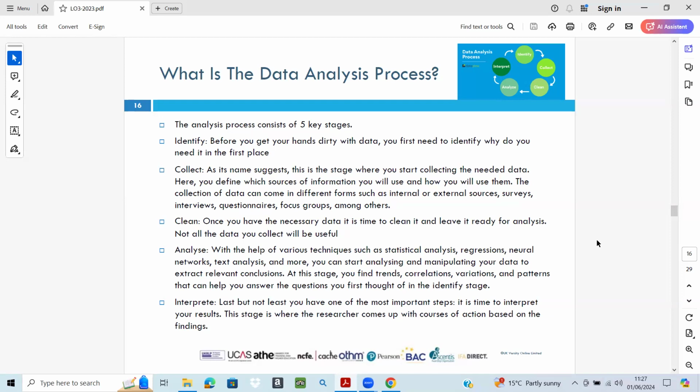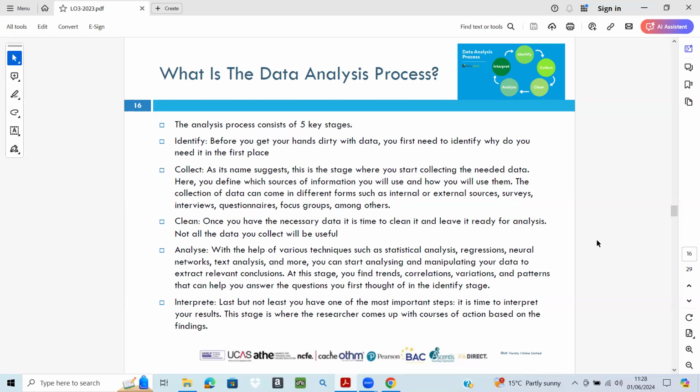So we have to identify, define the purpose, objectives, and key questions for analysis. Then we have to do the collection. We need to gather relevant data from various sources using appropriate methods. Then for clean, we have pre-process and clean the data to ensure accuracy and consistency.